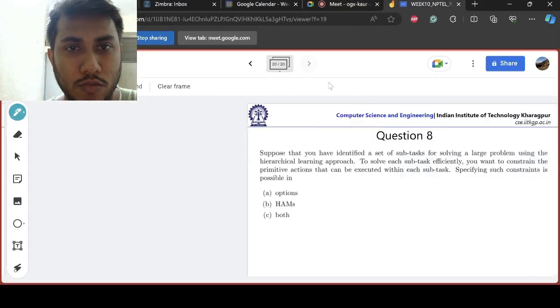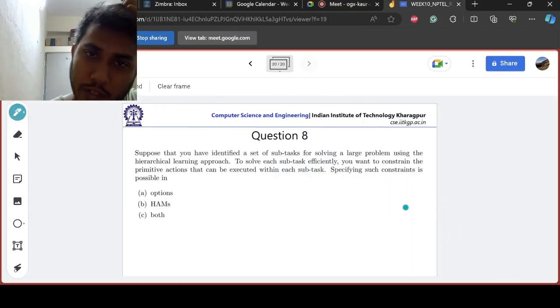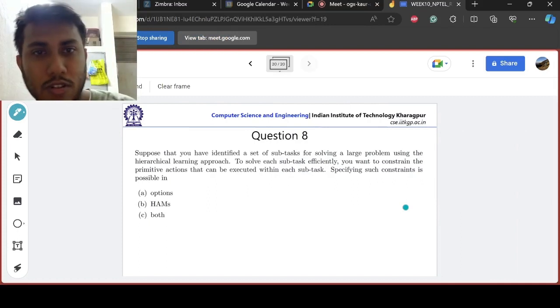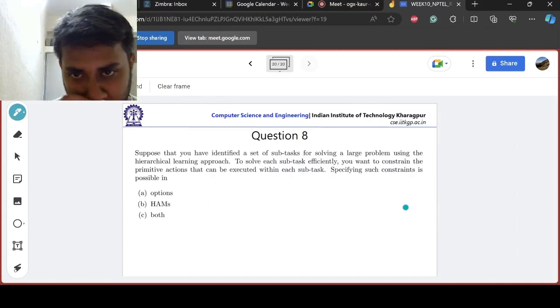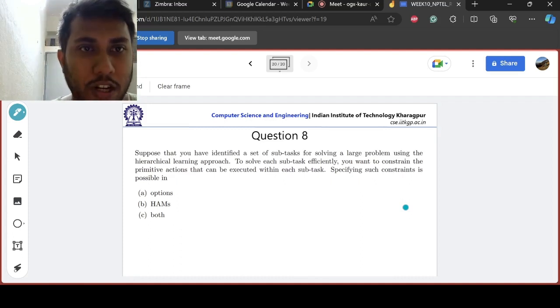And the last one is, suppose you have identified a set of subtasks for solving a large problem using hierarchical reinforcement learning. To solve such subtasks efficiently, you want to constrain the primitive actions that can be executed.